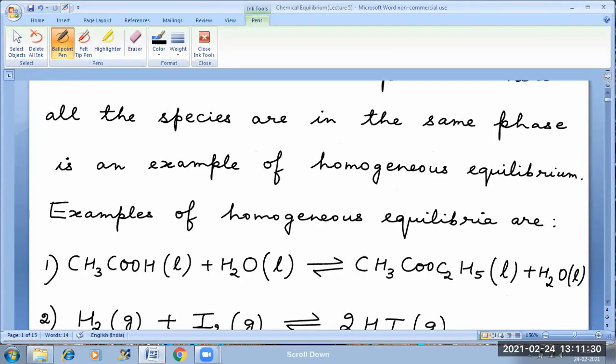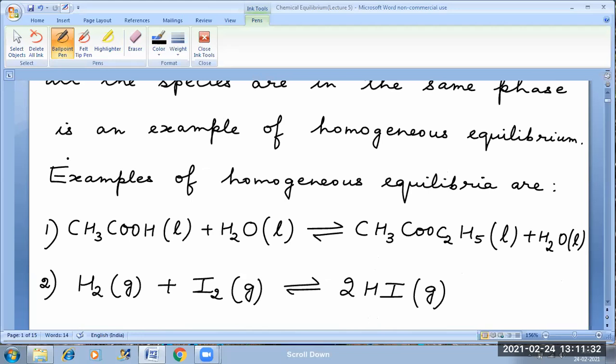Examples, if we look at then, in the first example, if you see, every species is liquid. That means all the species are in the same phase.